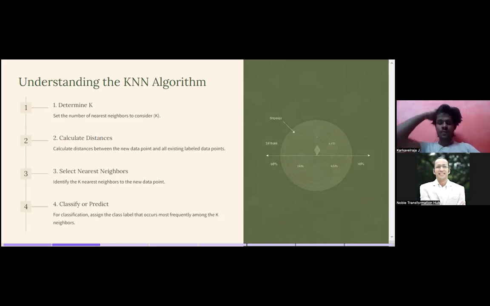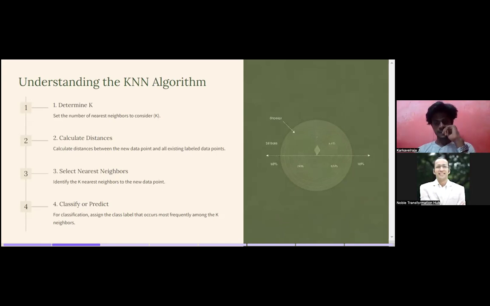So, guys, understanding the KNN algorithm, we have 4 steps. First is determining the K. Set the number of nearest neighbors to consider, K. Now you know what K means. K means the number of nearest neighbors to consider.